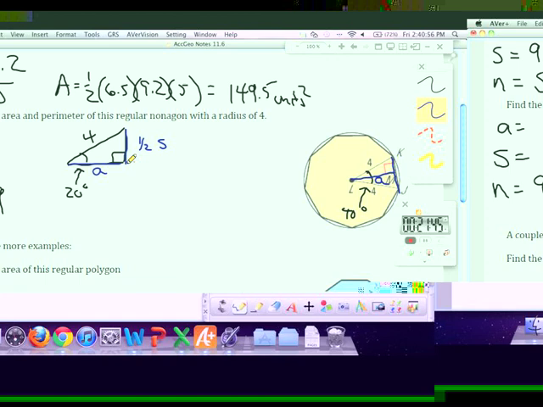Well, this is 18 degrees. I know this is 3.5. Here's A. This is opposite over adjacent, or tangent of 18 degrees is equal to 3.5 over A. Solving this, multiply both sides by A, divide by tangent.